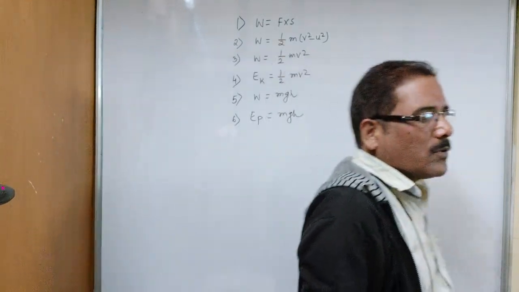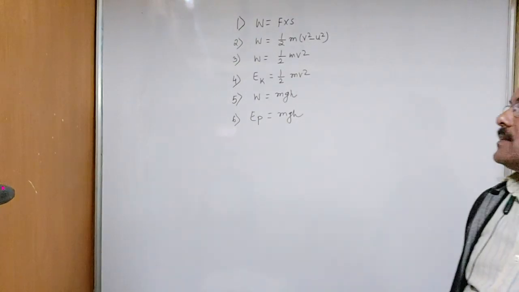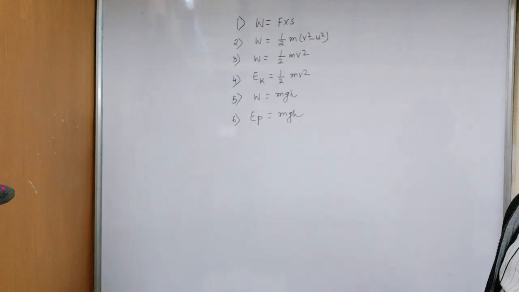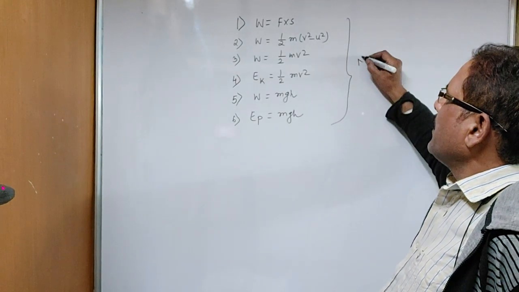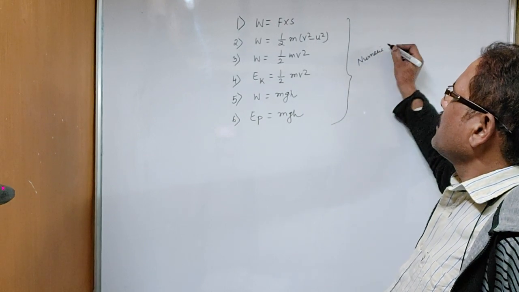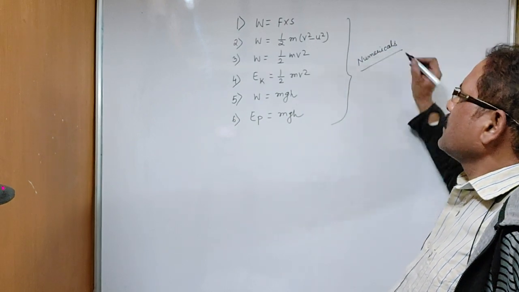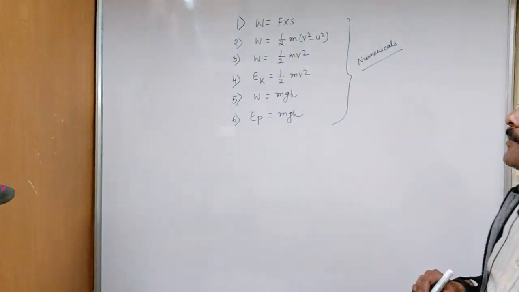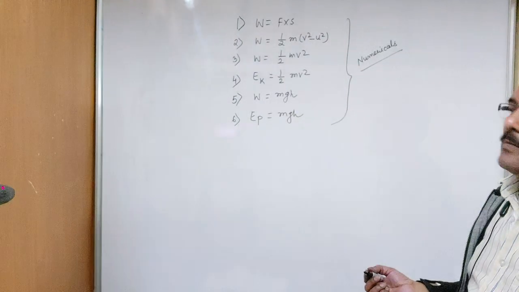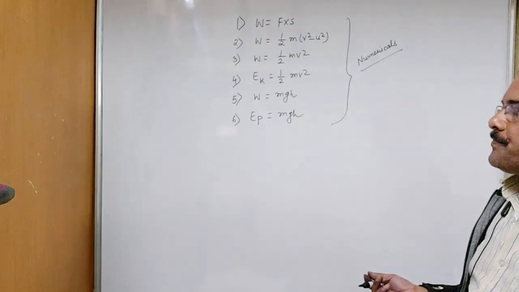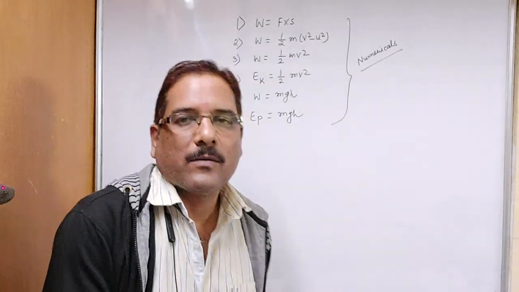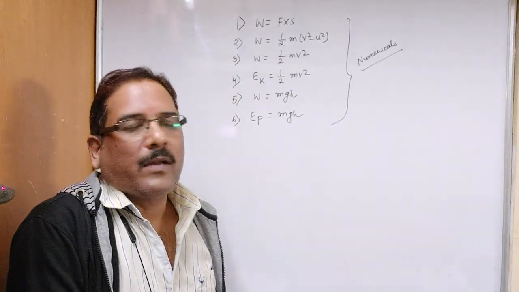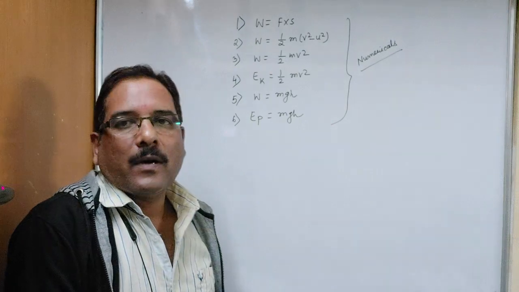So you must remember these formulas which we have derived earlier, because all numericals are based on these formulas plus equations of motion. We have to apply them everywhere, whether it is the gravitation chapter, in force and laws of motion we are also applying, and here in work and energy also.